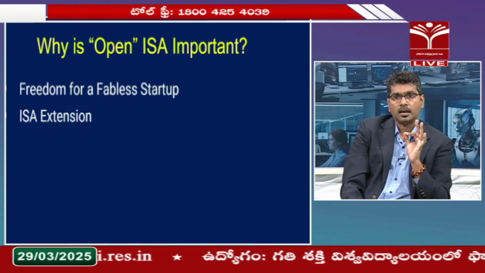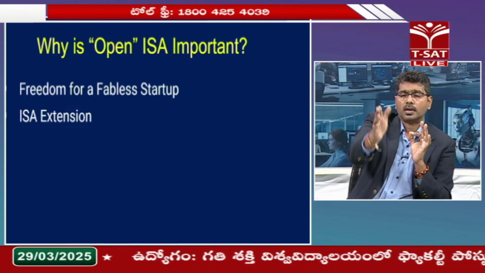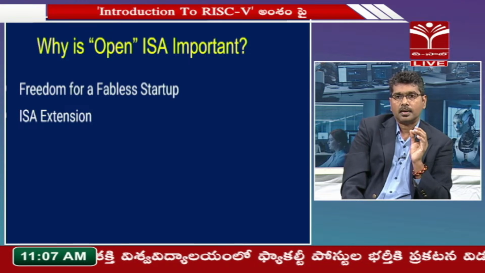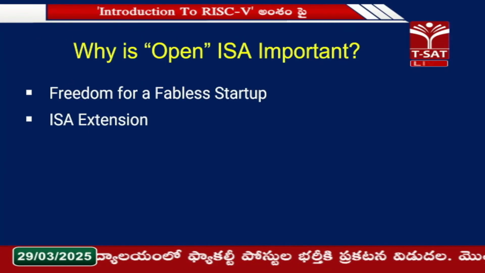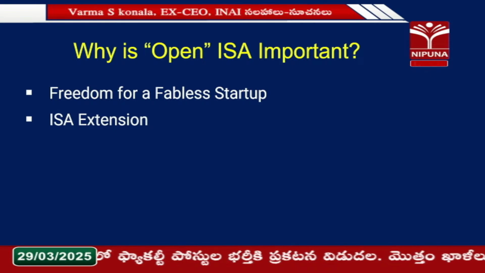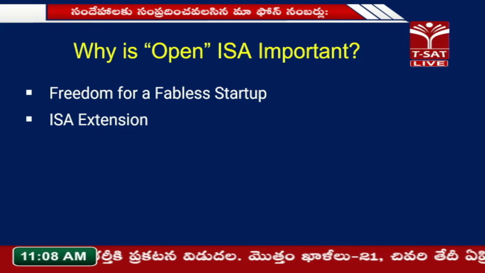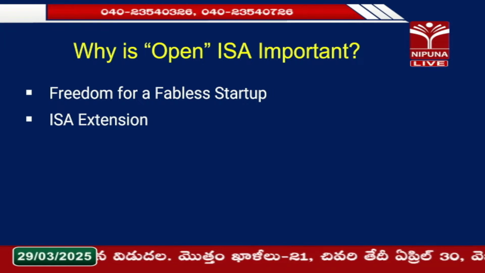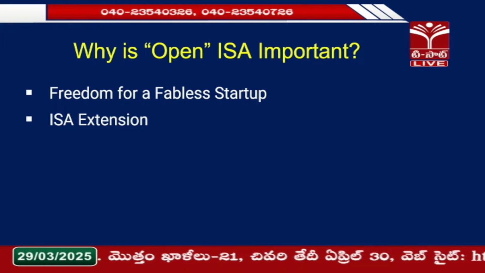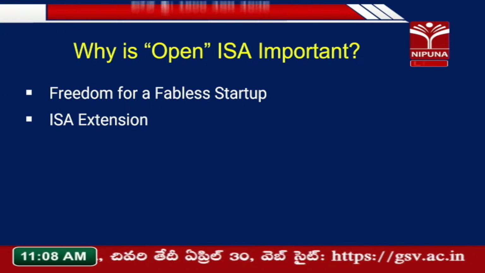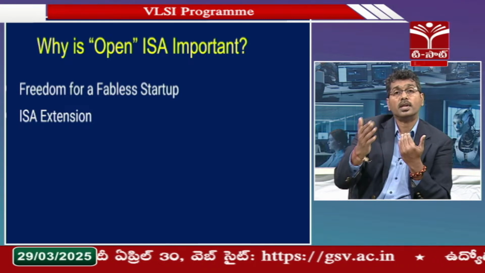Number two, ISA extensions. If you want to extend the instruction set architecture, you never had this option before. RISC-V defines a list of around 30 to 40 instructions that you have to implement, but beyond that, they give you the freedom to add your own instructions.